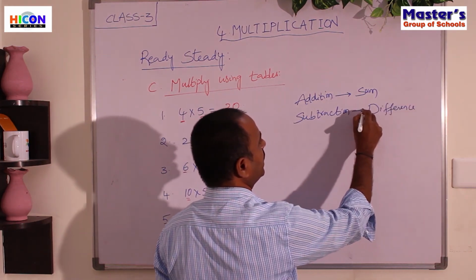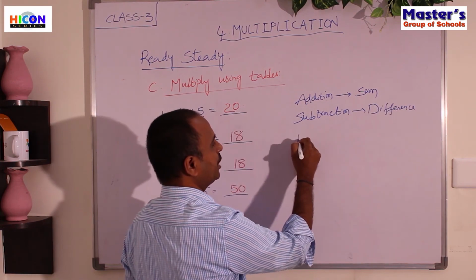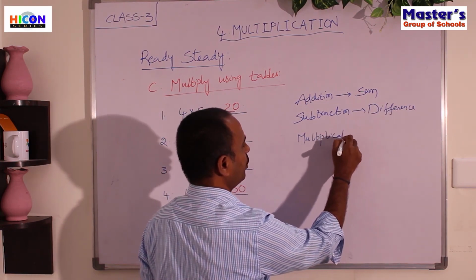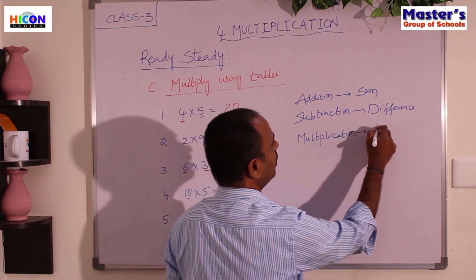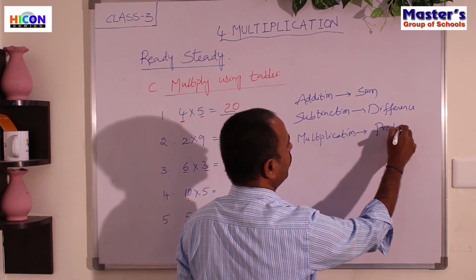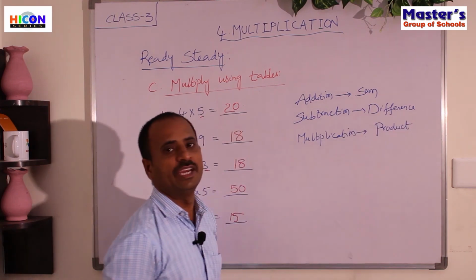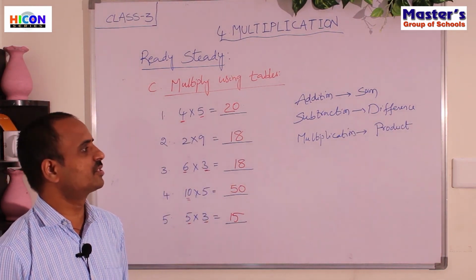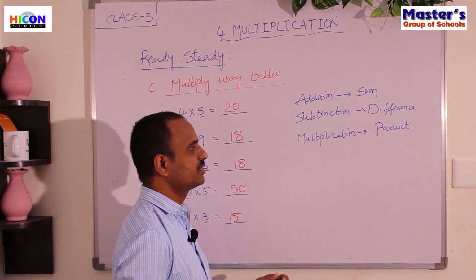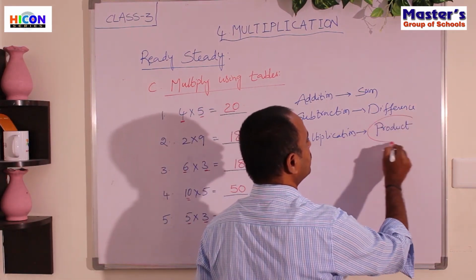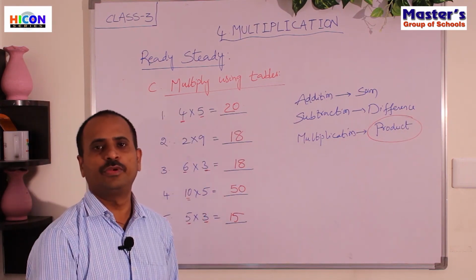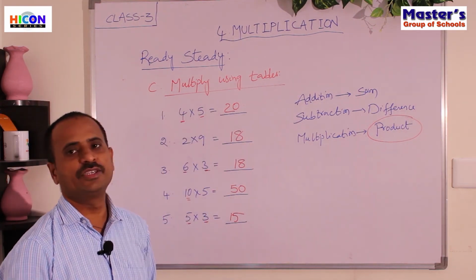So in multiplication, the answer is called product. Product means the multiplication of two numbers. So remember this term. So children, this is the third part, C part, in the ready and steady part.